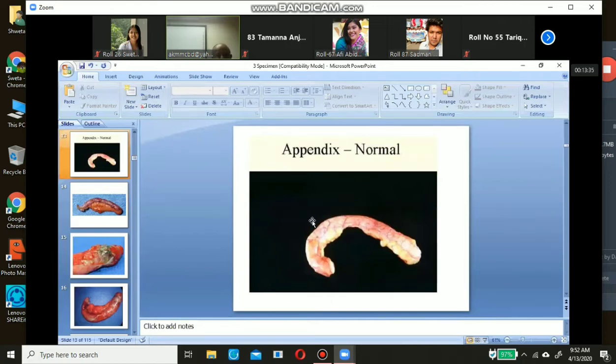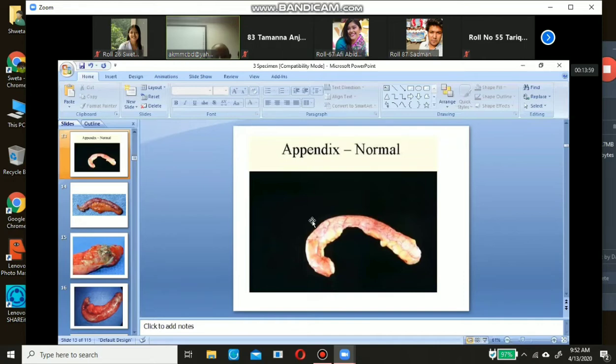Then I forgot to tell another specimen. It is very common, appendix. If it is appendix, it is very easy to diagnose, because the appendix is the only worm-like tubular structure in the body, of which one end is blunt.